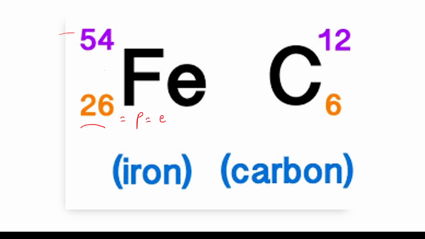The mass number helps us to calculate the number of neutrons. When you take away the number of protons from the mass number, you get the number of neutrons. So for this one the mass number is 54, 54 minus 26 is 28, so it has 28 neutrons, 26 protons and 26 electrons.